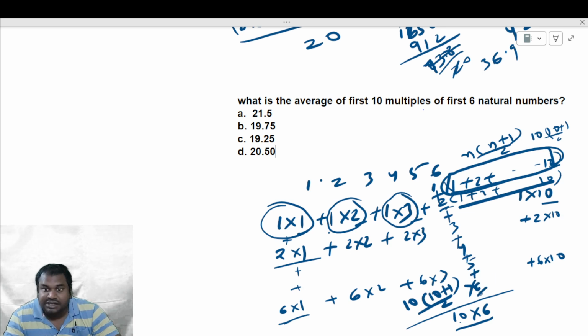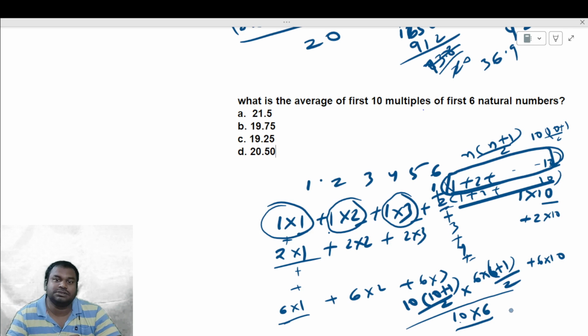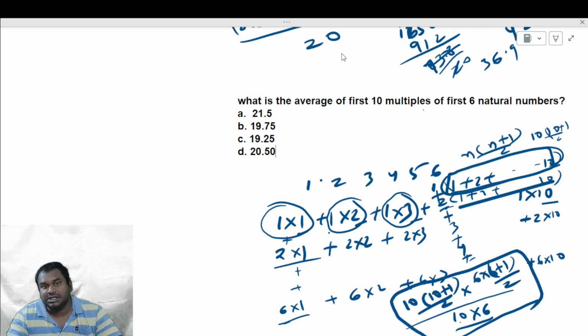Again, the sum of first 6 natural numbers. What is the formula for the first 6 natural numbers? You can write the same way: 6 into 6 plus 1 divided by 2. Now you can observe one thing. I'm trying to give you a shortcut for this type of model. What is that shortcut? Let's just see.